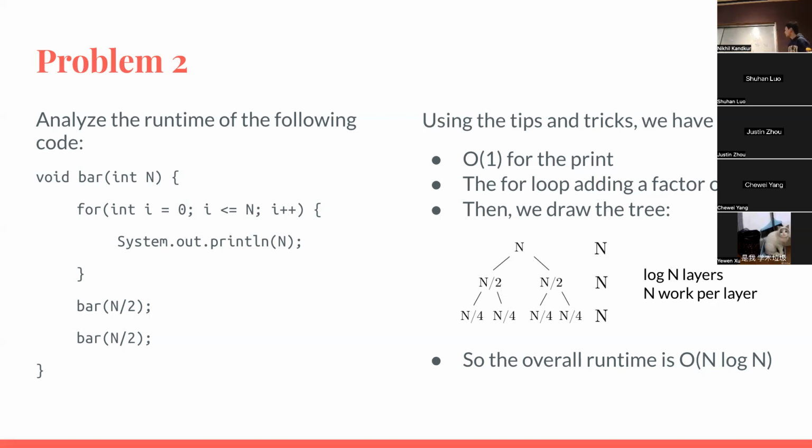So now let's count the amount of work that's done at each layer. This layer has n work. This layer has 3 over 2 times n work. This layer has 9 over 4 times n work, and so on.